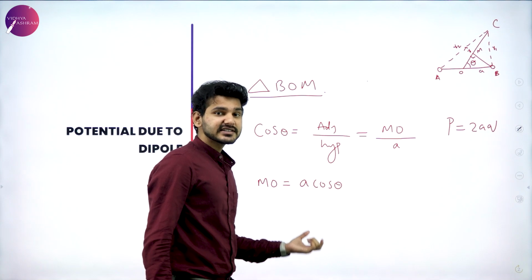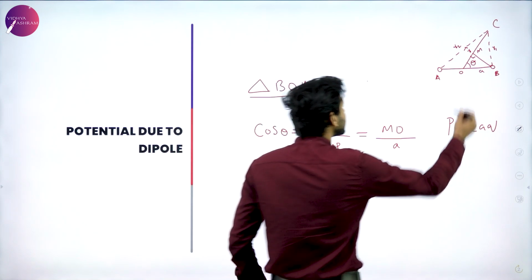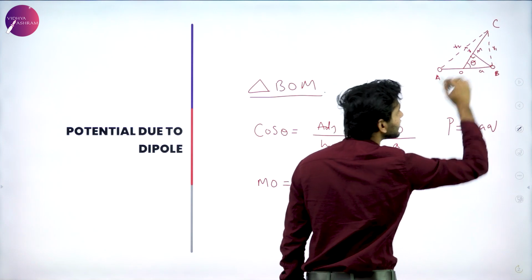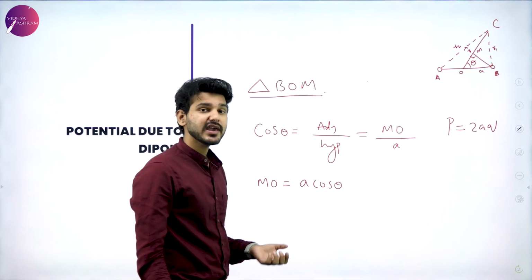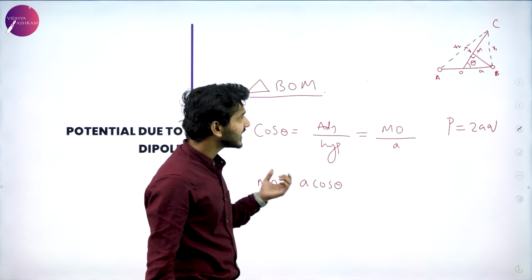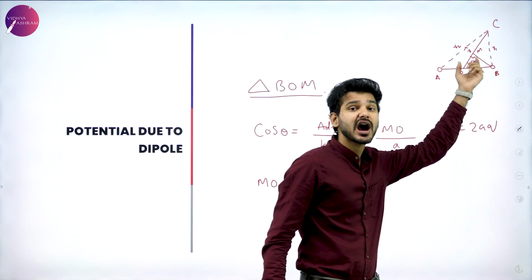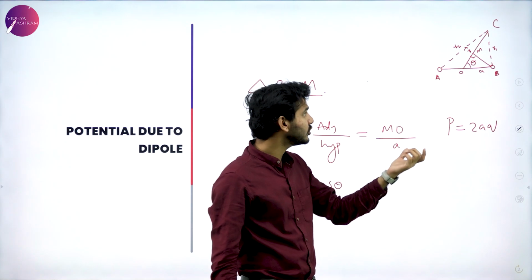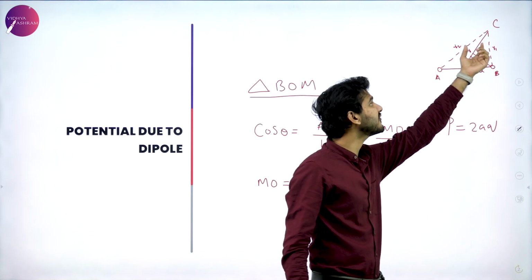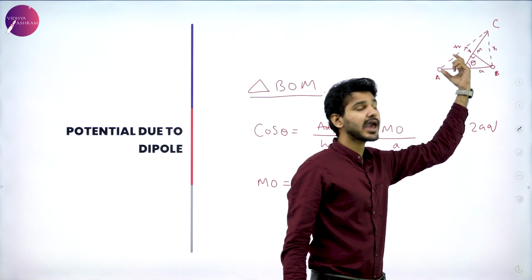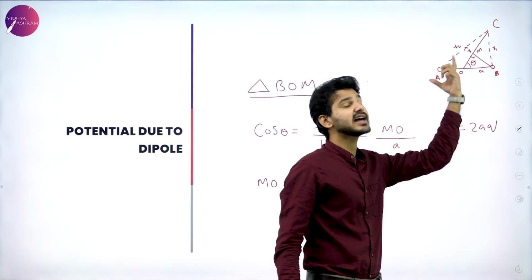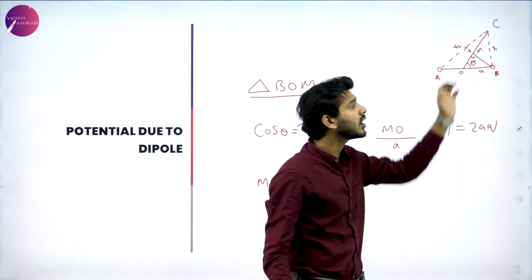So this particular distance MO, when subtracted from R, will give you R1. Why we found out MO was that we need to find out what R1 actually is. As I told you earlier, it is very easy: you have to find out the distance MO and subtract that from the original distance R, and that will give you R1.